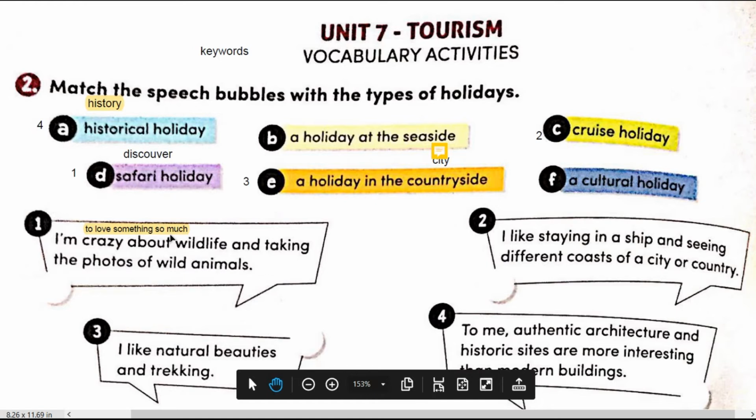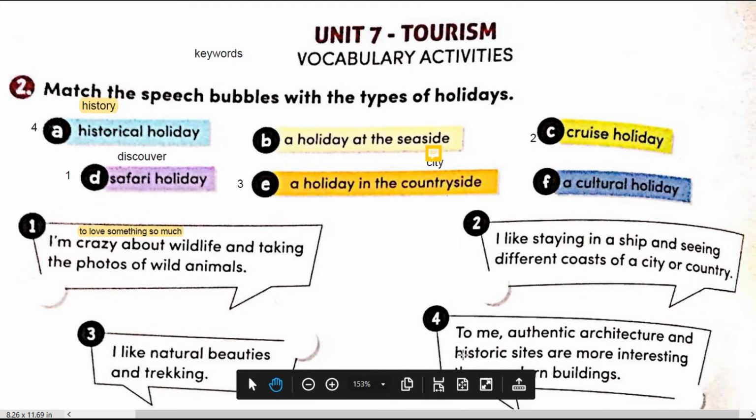We have the word historic, a very important word, which means it is historical holiday. So history. Number four.